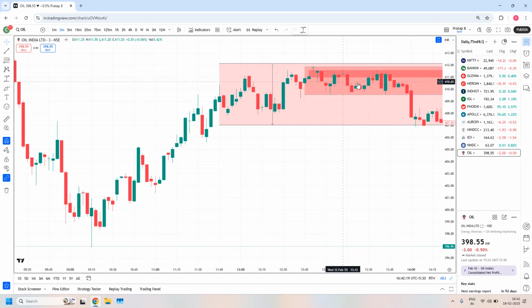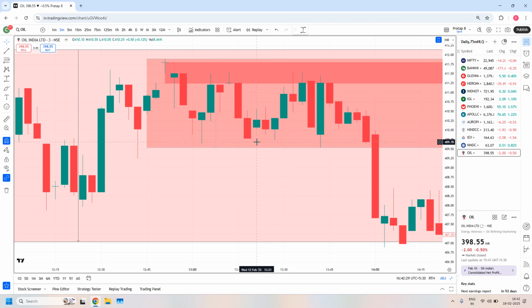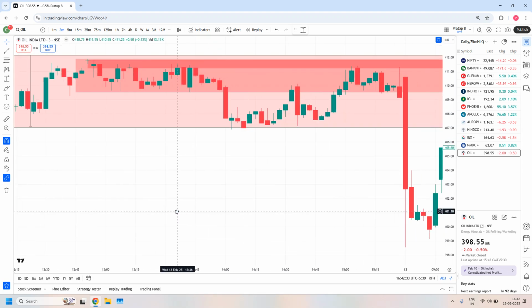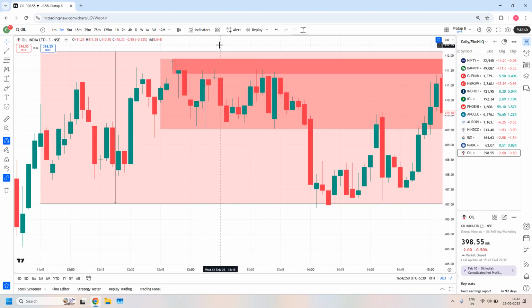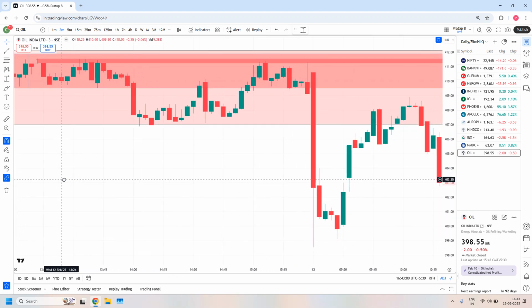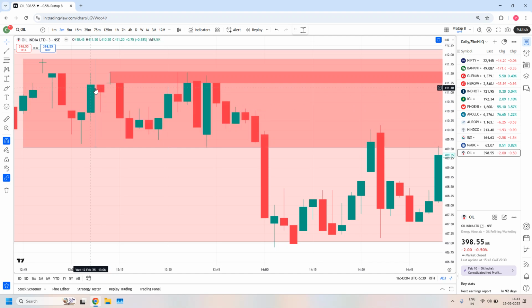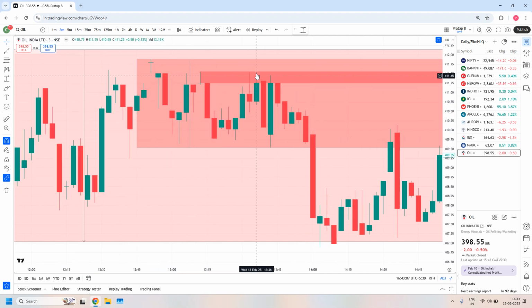Yeah, 3 minutes. Yeah, this is the one. 3 minute zone. Rally base drop. Exactly from the diagonal line, it is holding the prices.